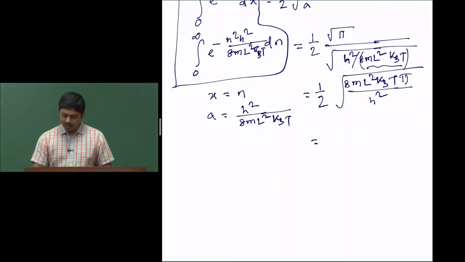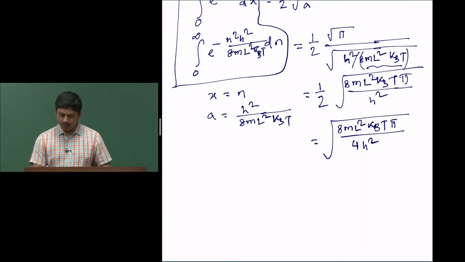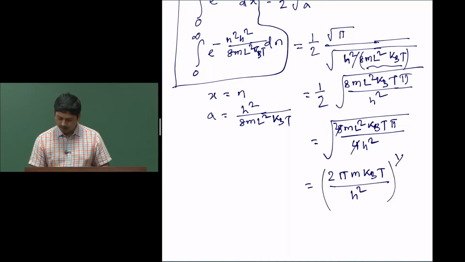Now, put the 2 inside, and what I am going to get is 8 m l square KBT pi by 4 h square. I put 2 inside and it gives me 2. So, I get 2 pi m KBT by h square to the power half into L.